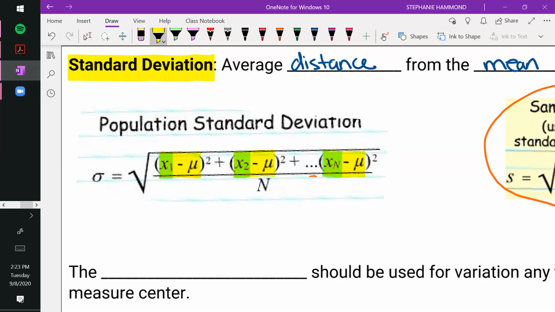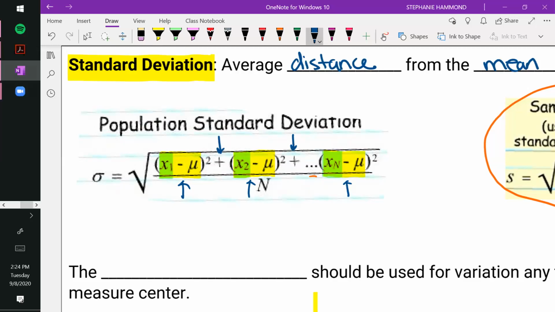Now imagine though that half of our data is less than the mean, right? Half the data is greater than the mean. So half of these differences that we're calculating here is going to end up being a negative number, right? Because if you subtract something less than the mean, you'll get a positive number. If you subtract from something greater, you're going to get a negative number. And when we add positive and negative numbers together, we're generally going to get pretty close to 0, right? Positive something plus a negative something is 0.